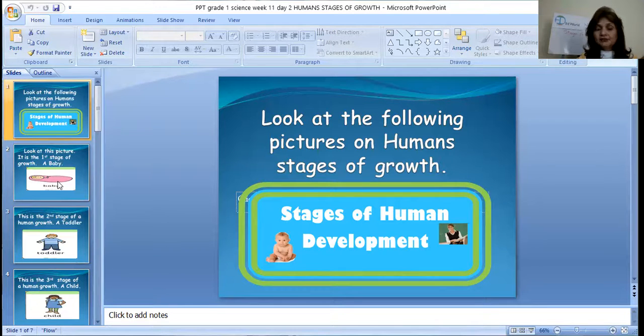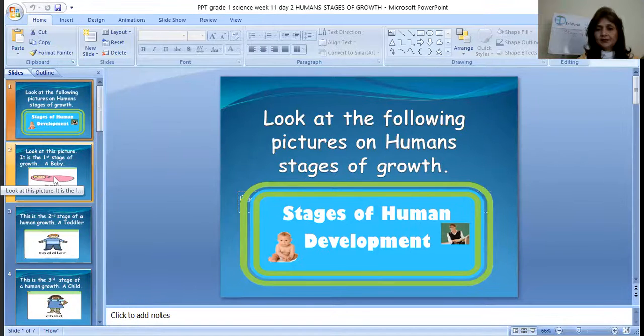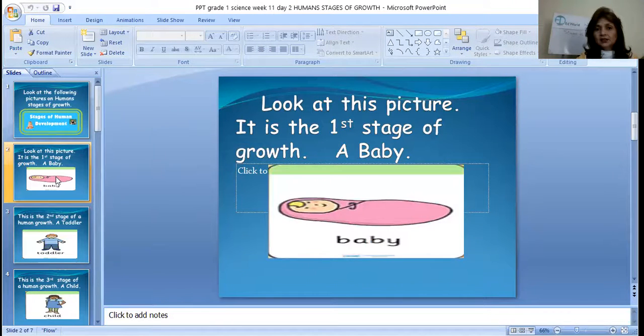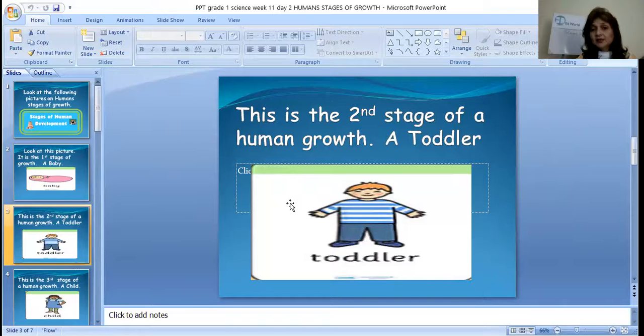Right now, the first stage is a baby. A baby is born, a child is born, right? Everyone has a baby. The first stage is a baby is born, and later on this baby becomes a toddler. That is the second stage.